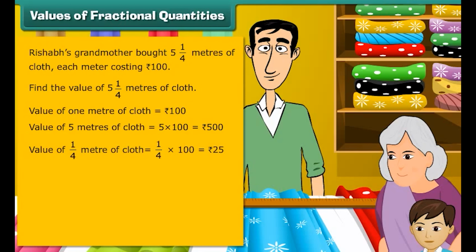Value of 1 by 4 meter of cloth is equal to 1 by 4 multiplied by 100, which is equal to rupees 25. Therefore, total value of 5 and 1 by 4 meters of cloth is 500 plus 25, which is equal to rupees 525.